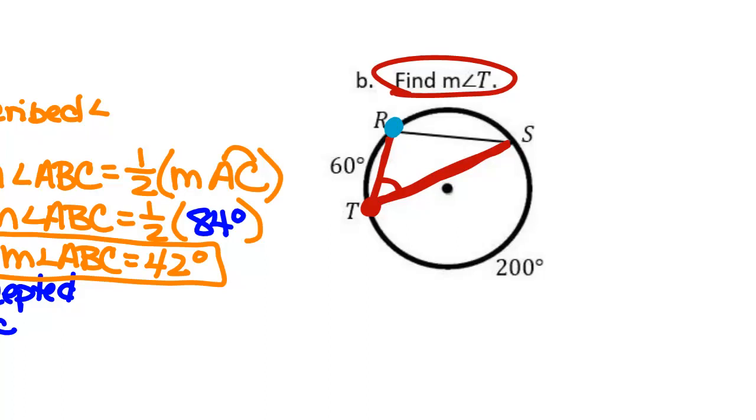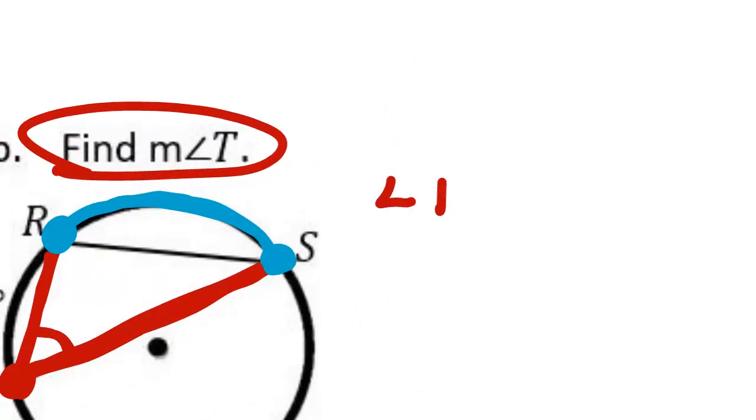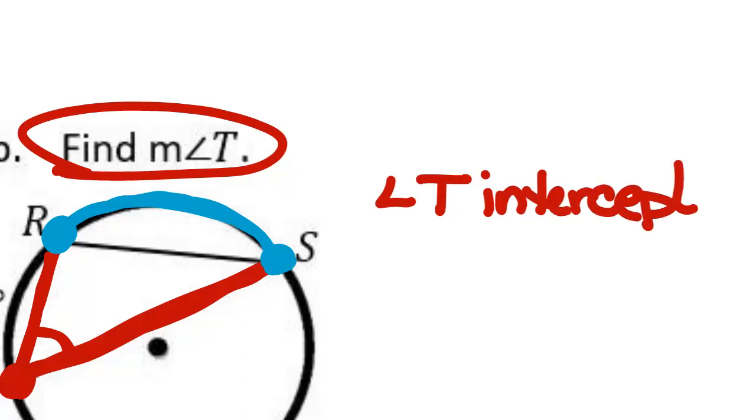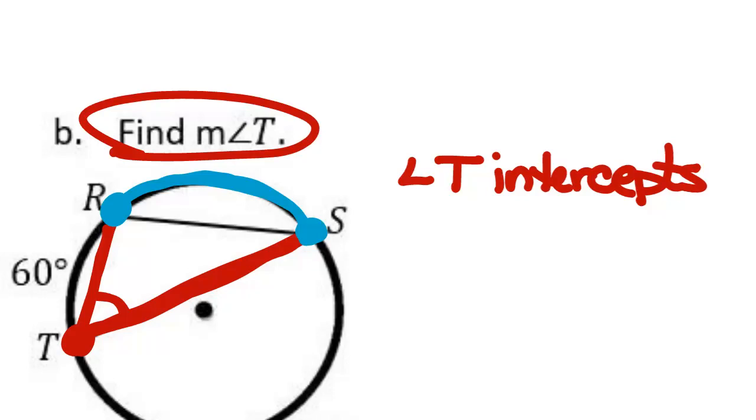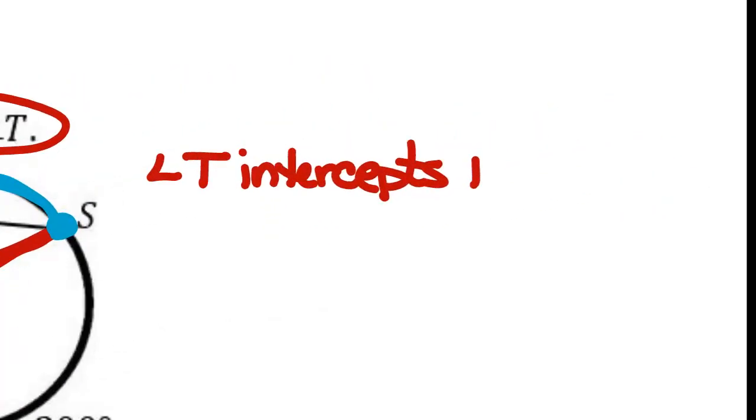RS, right here, this end point of the angle, and then around over here to this end point of the angle. So angle T intercepts arc RS.